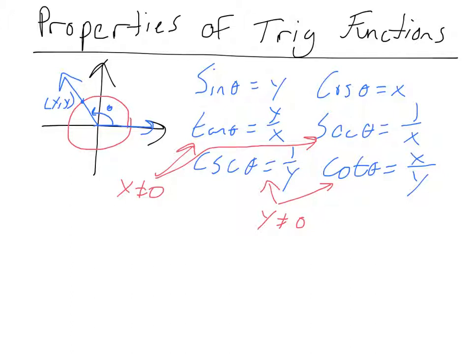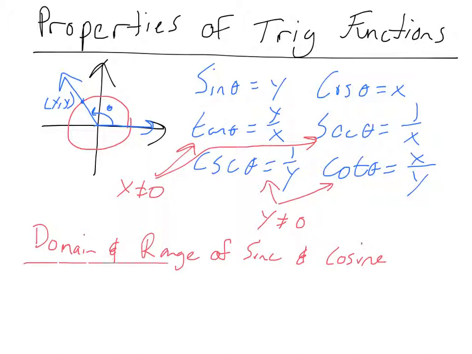And so let's just start off by looking at domain and range of sine and cosine. So, first of all, is there any value of theta that we can't plug into sine and cosine?